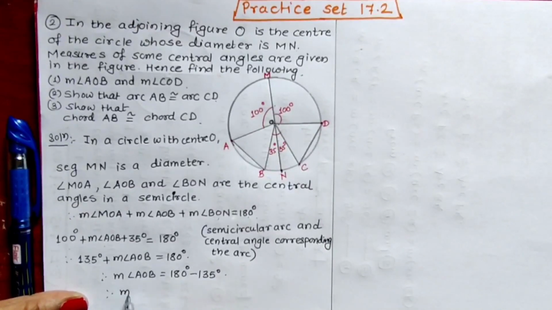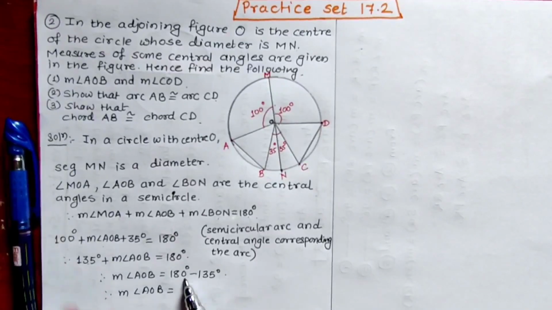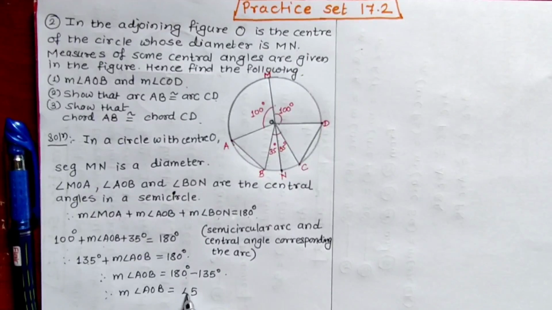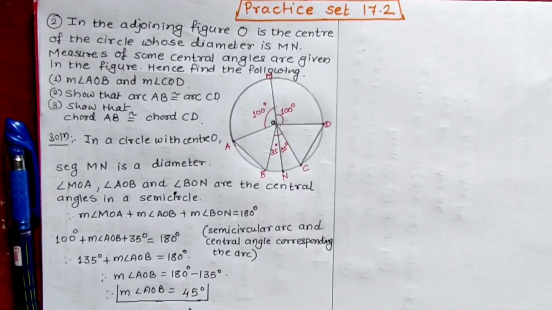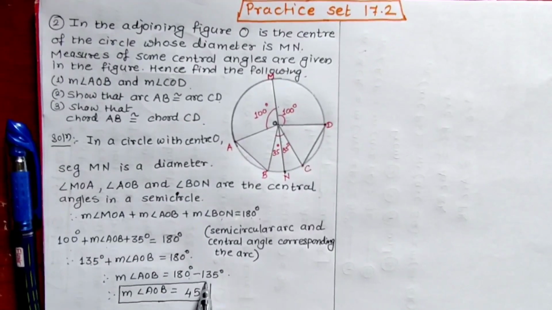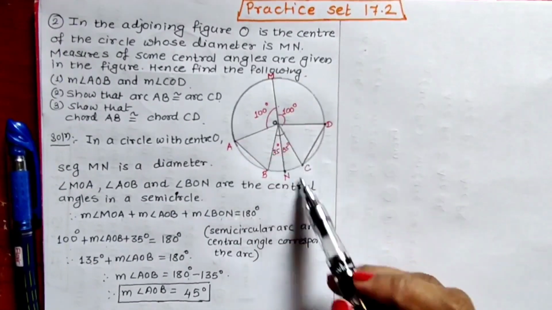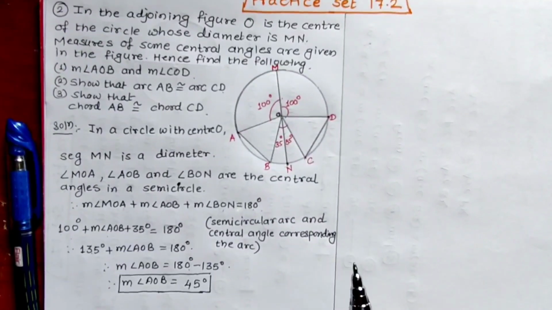Now subtract: 10 minus 5 is 5, 1 borrowed from here, it becomes 7, 7 minus 3 is 4, so 45 degree, 1 minus 1 will be 0. So in this way major angle AOB we have got 45 degree. By using the same method we can find out major angle DOC also, which will again be 45 degree.